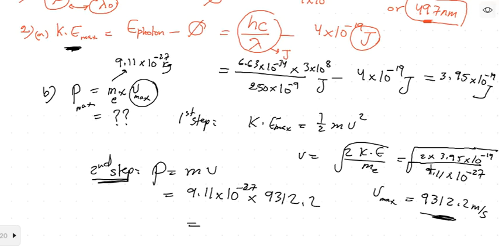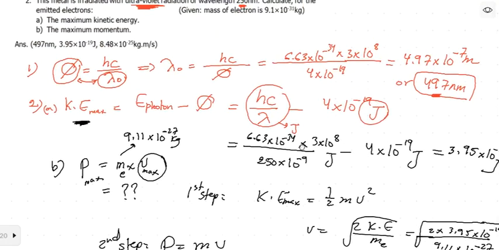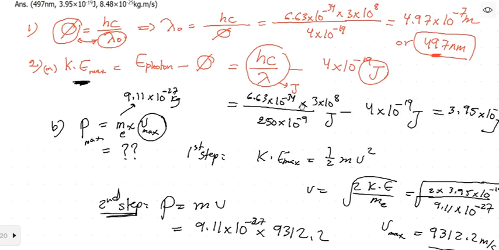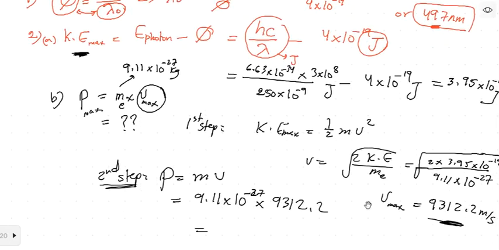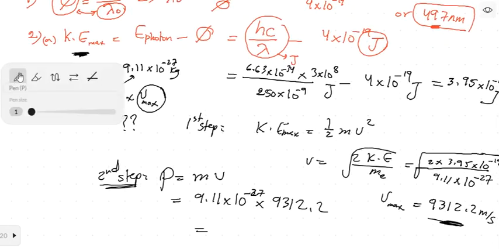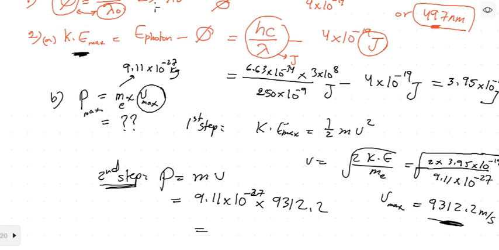So the final answer is 8.48 times 10 to the power minus 25 kilogram meter per second.